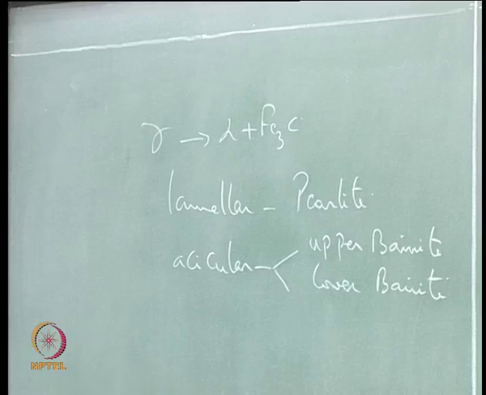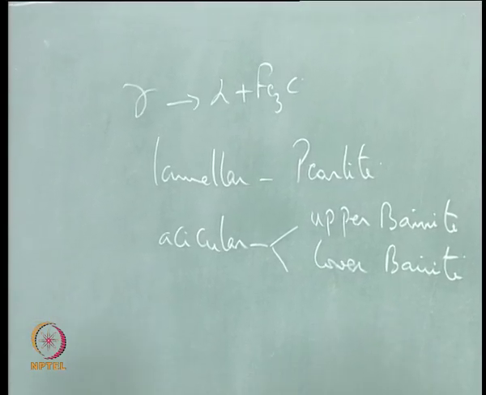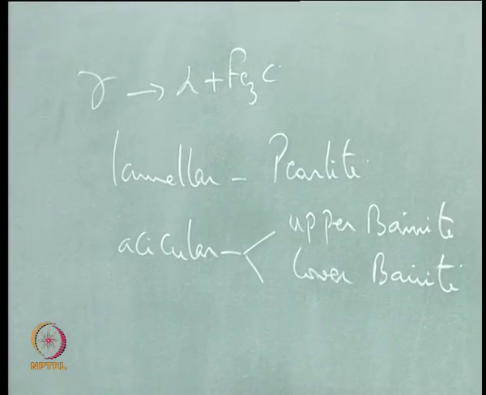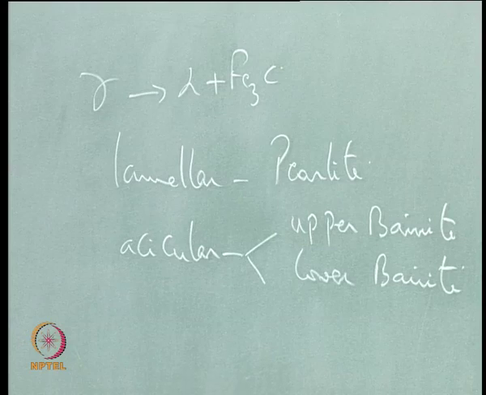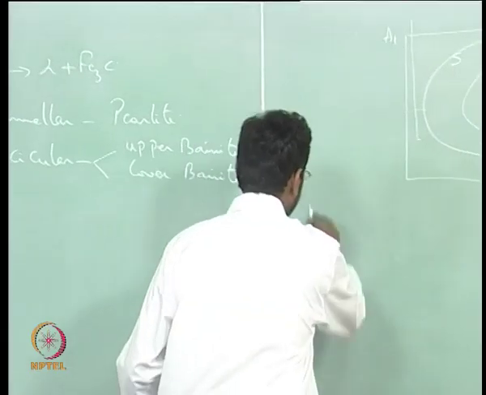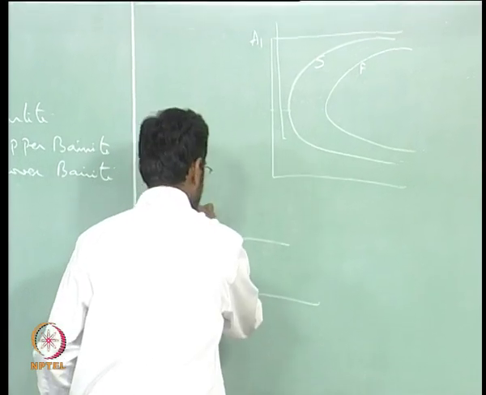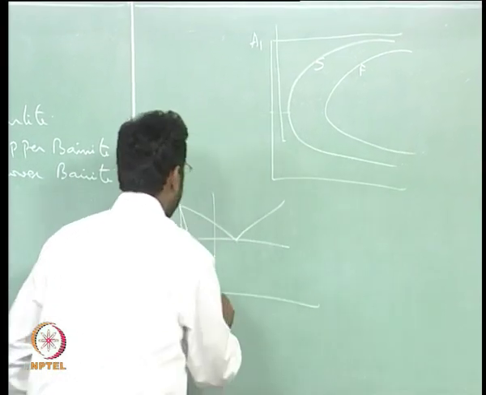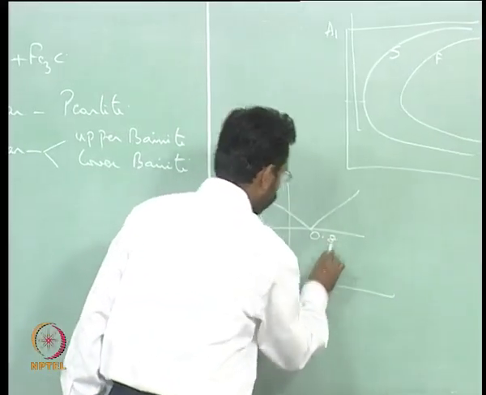In fact, if you take some hypoeutectoid steels, it is possible that if your undercooling is high, you may not even get the proeutectoid phase. We all know that if I take a steel with, let us say, a composition like this, this is 0.8, our eutectoid composition.